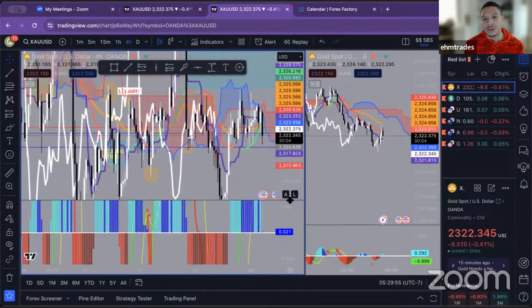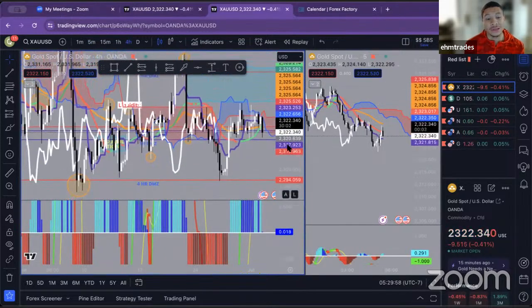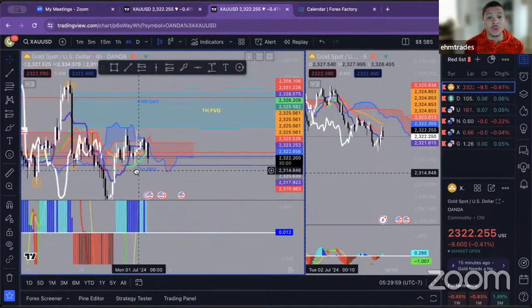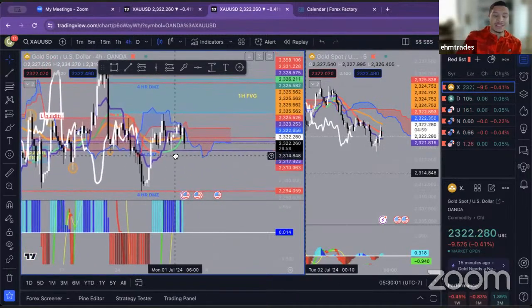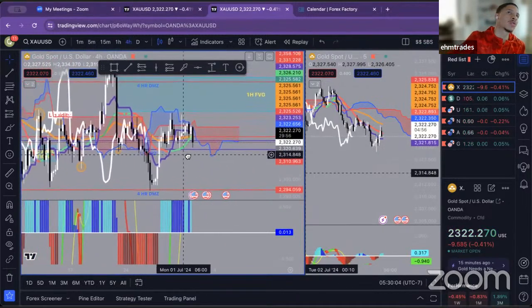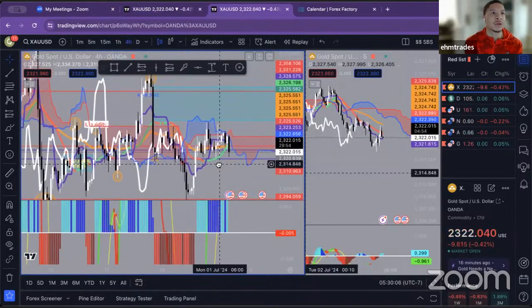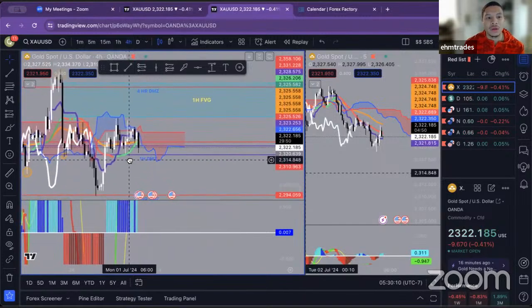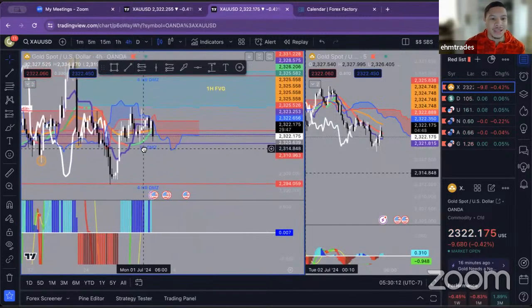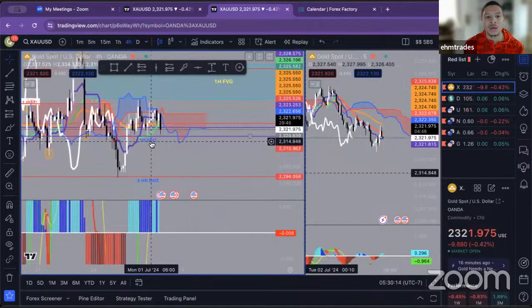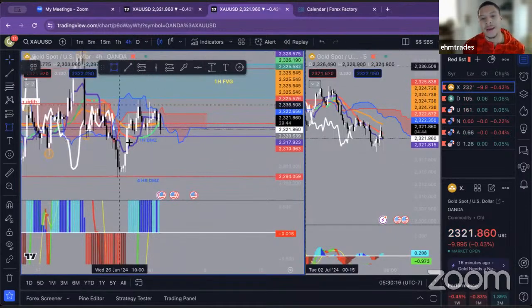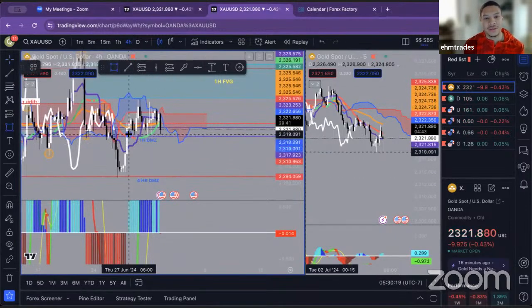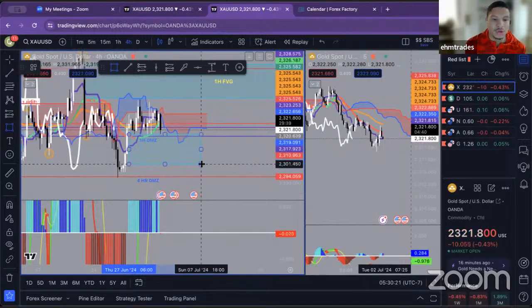It would be sellers' liquidity, so there would be some liquidity above where price currently is. I would think, maybe this is an area where some manipulation could happen, because that's what the market likes to do.